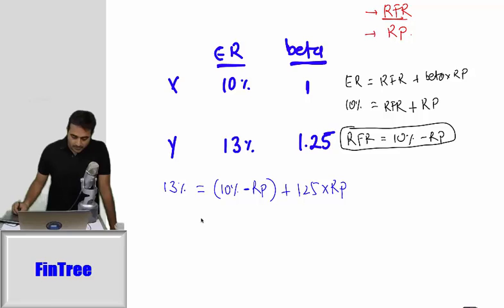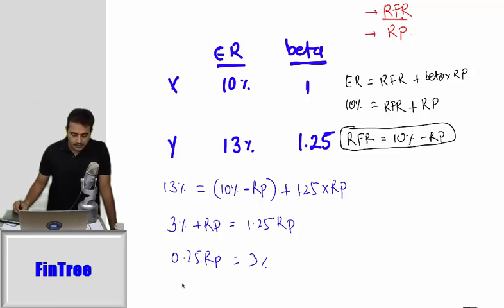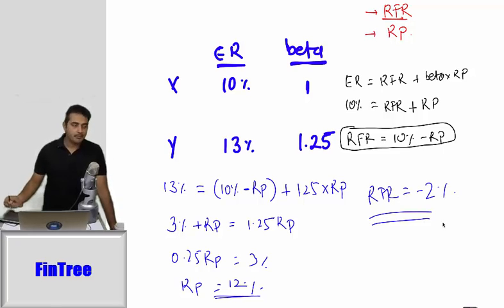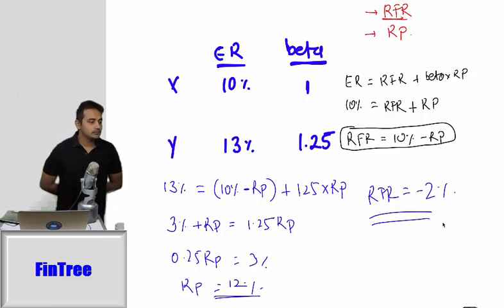So that would essentially make this as 3% plus risk premium is 1.25 RP, so that is 0.25 RP is 3%, so your RP is 4 times, so that is 12%. And if your RP is 12%, then your RFR in this case unfortunately turns out to be minus 2%. Easy.